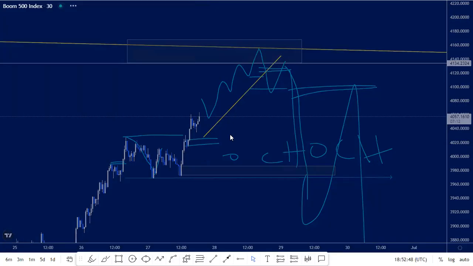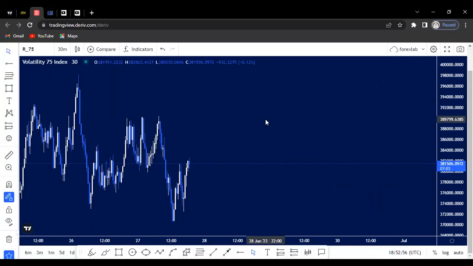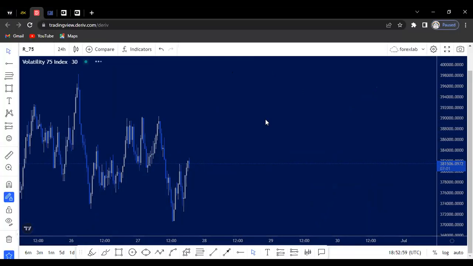So on VIX, volatility 75, I have some beautiful setups that we're expecting.